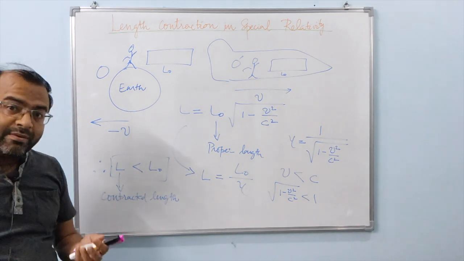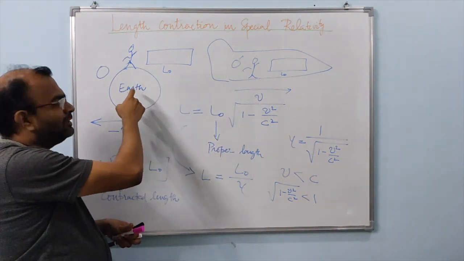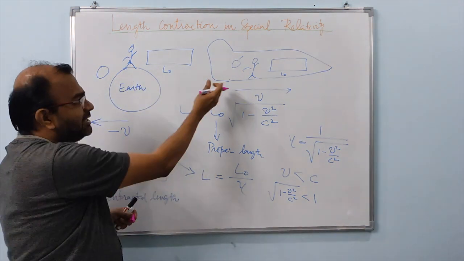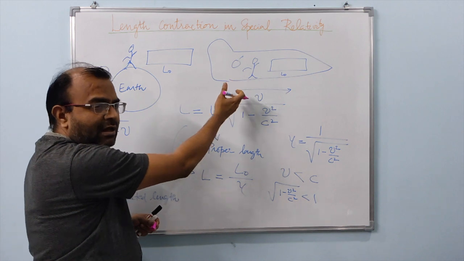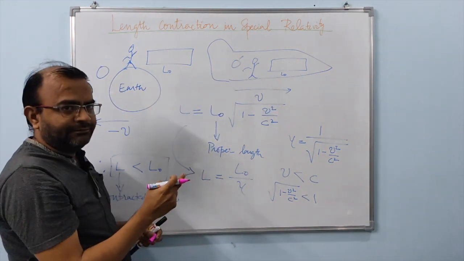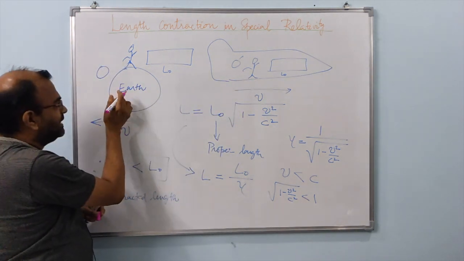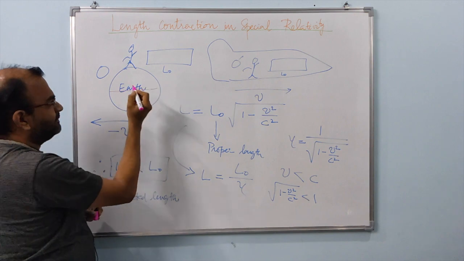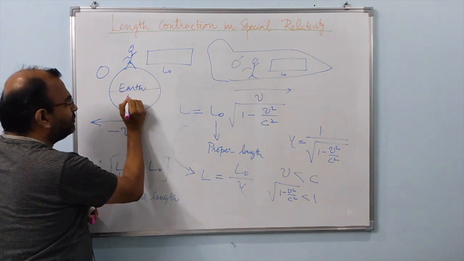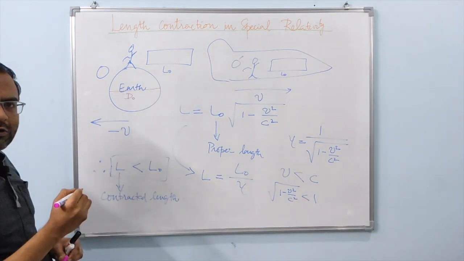Right. Now there may be a question: what about this observer if he tries to measure any length on Earth? Obviously the Earth is also in relative motion with respect to this observer, and therefore all lengths will appear to be shorter to him. Suppose he has a means to measure the diameter of the Earth, and the proper diameter of the Earth as measured by the earth-based observer is d0.